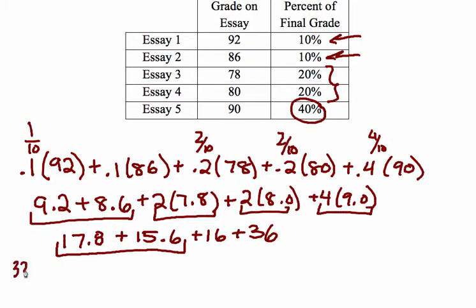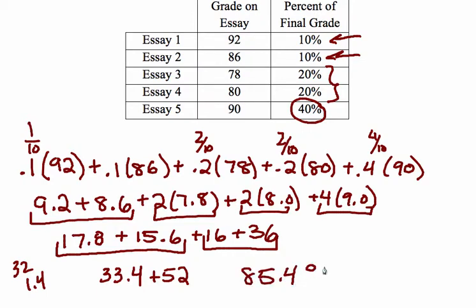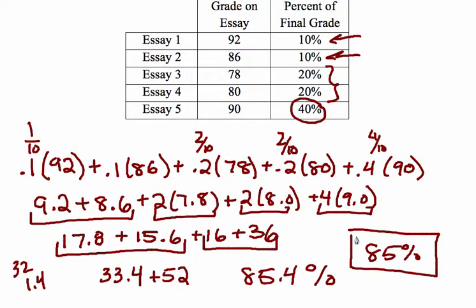So 32, and then 0.8 and 0.6 is going to be 1.4, so we're going to get 33.4. 16 plus 36 is 40 plus 12, so 52. And then 52 plus 33.4 is 85.4. And that is his percent for the class, and I imagine it would be rounded down to 85% to get a whole number. So Ted's average in the class is an 85% based on the 5 essays and how much they were weighted.